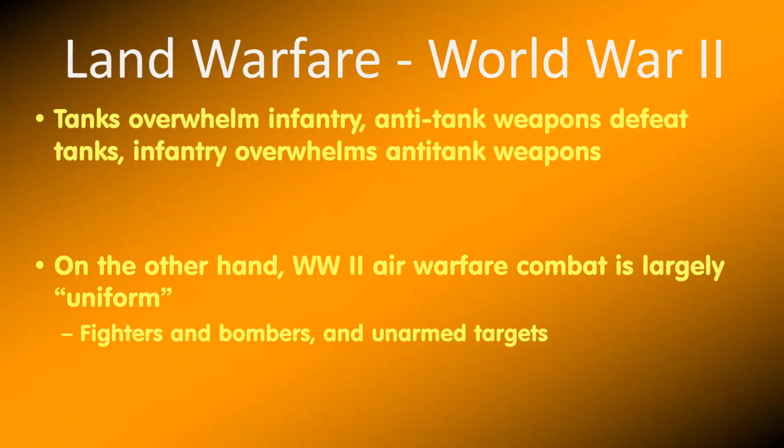Now, on the other hand, World War II air warfare combat is largely uniform. Yes, you have fighters and bombers, and you also have unarmed targets. But it doesn't work in an RPS style. It's just some of them have guns, some of them do not. The bombers are mainly defensive, the fighters are mainly offensive.